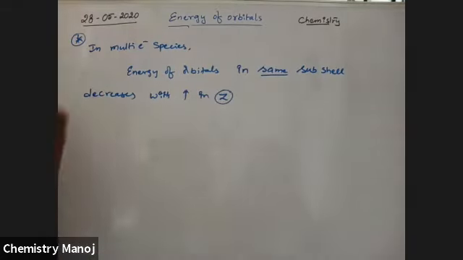So it is very, very, very important. Energy of orbitals in the same subshell decreases with increase of atomic number.